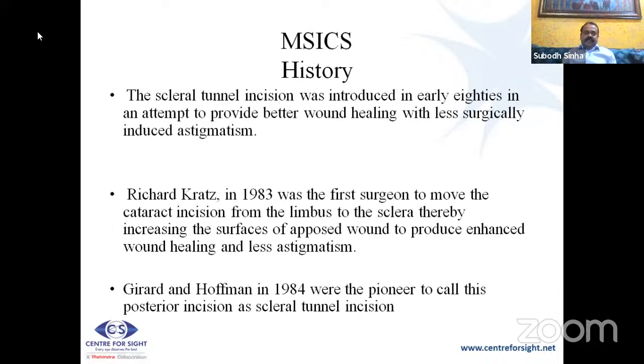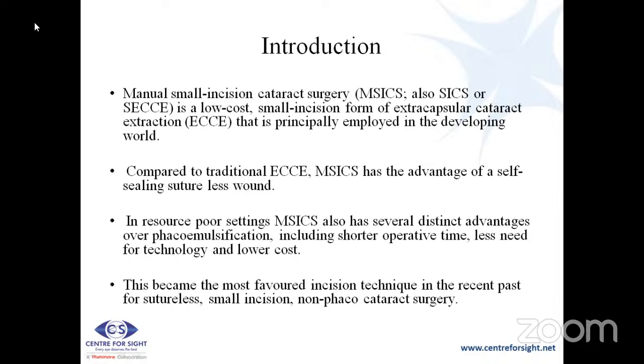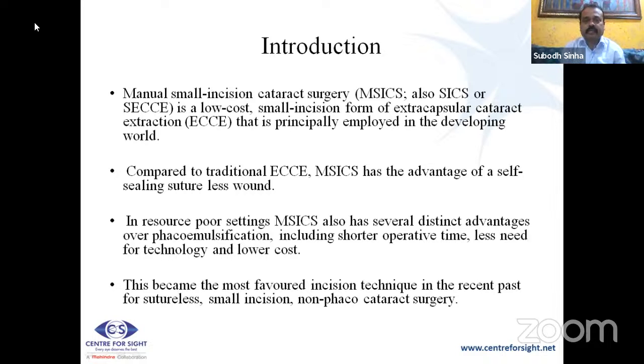So basically, as you know, nowadays the three most commonly performed cataract surgeries are phacoemulsification, which is the gold standard nowadays, but the other surgeries most commonly performed for cataract are manual small incision cataract surgery and extracapsular cataract surgery.